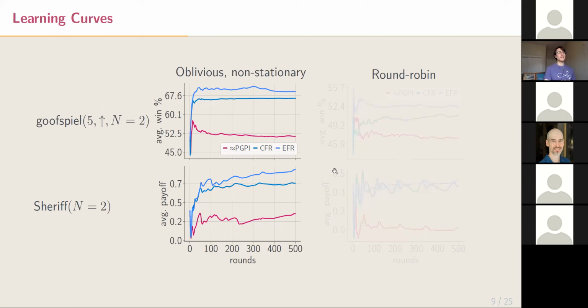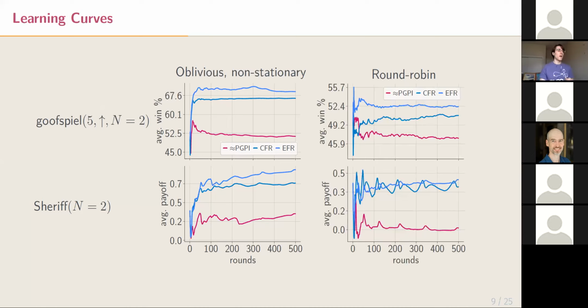Now the second scenario is round robin, where we just have all of the algorithms learning together in a round robin fashion. So both players in both of these games are playing and learning at the same time. So it's a little bit more realistic, but also more complicated to reason about. But here we get similar results.